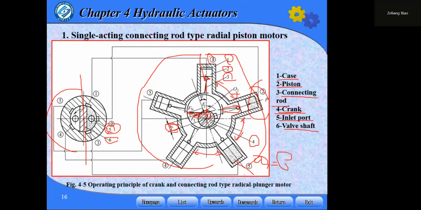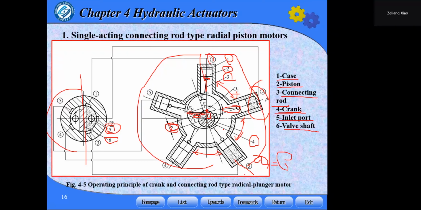The torque makes the crankshaft rotate in the anti-clockwise direction. The torque on each piston changes with three different positions.